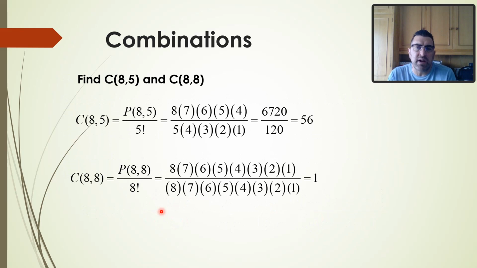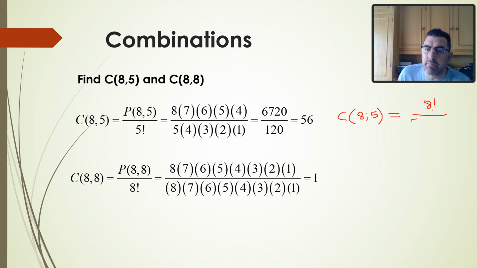So C(8,5), we can write it differently. Let me write the alternative here for us. I'm going to try and write it as nice as I can. C(8,5) will be 8 factorial divided by the number you choose, 5 factorial, multiplied by 8 minus 5 factorial.